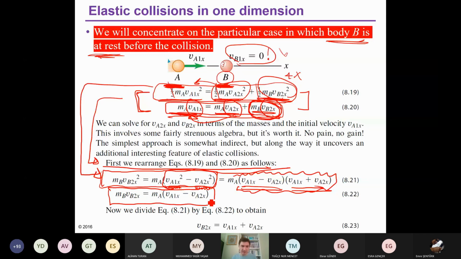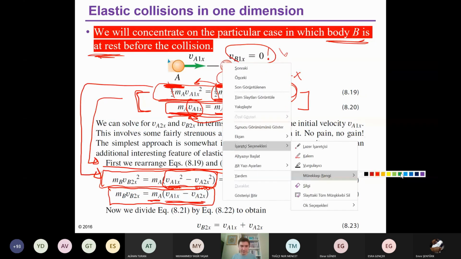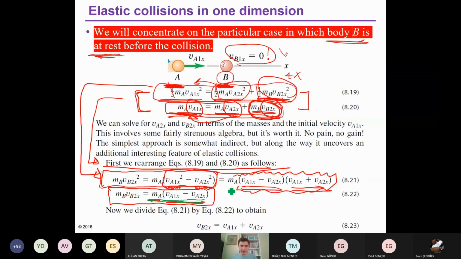What do you see here? We have MA, and here we have this expression. Let me change the color of the pen, then I will show you. What do you see here? This one is equal to this one, right? So instead of this one, you can use MB times VB over 2.